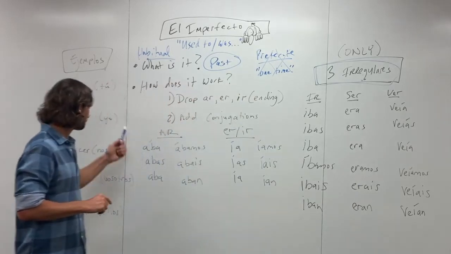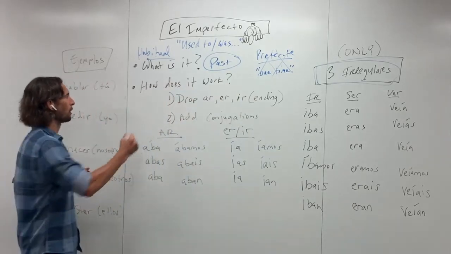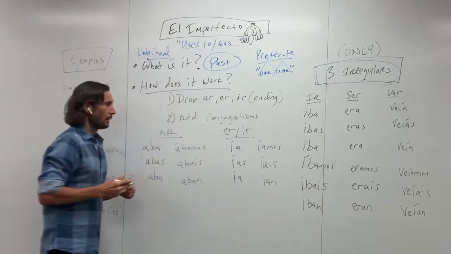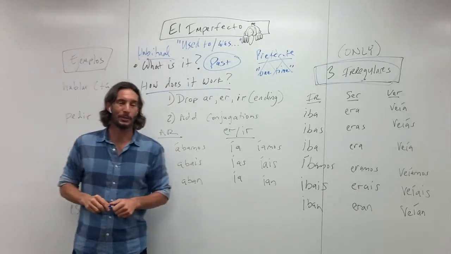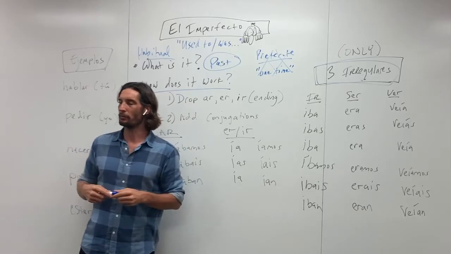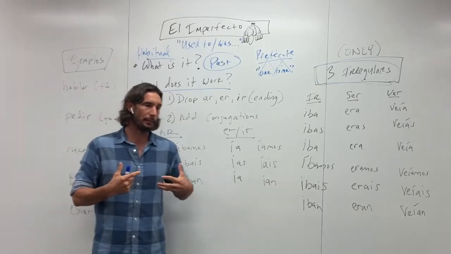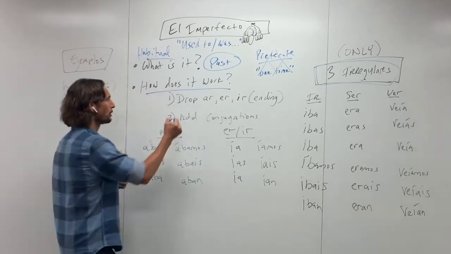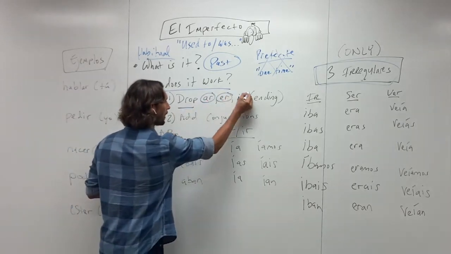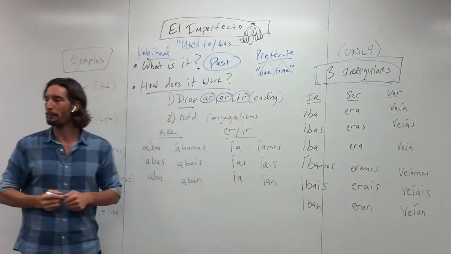So let's look at how it works, right? Just like with all the other conjugations you've learned, when they're regular, it's a pretty simple pattern. You drop the AR, ER, or IR. In effect, you drop the ending.